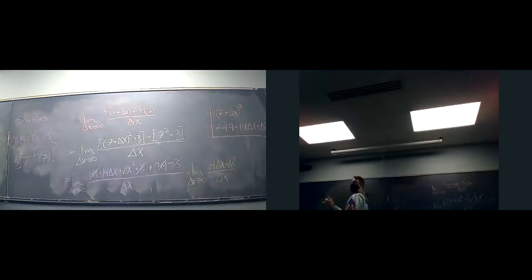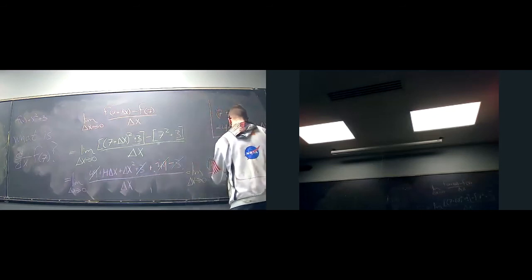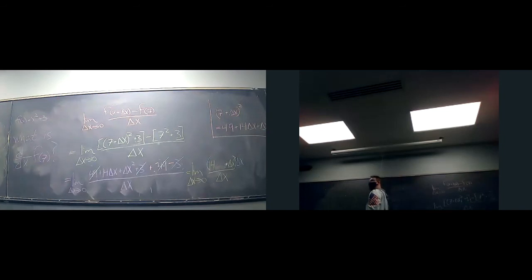So hey, in our numerator, we can pull out a delta x. When we do that, it turns into this, right? All I did is factor out a delta x. But now, our denominator can cancel out with that delta x in our numerator.